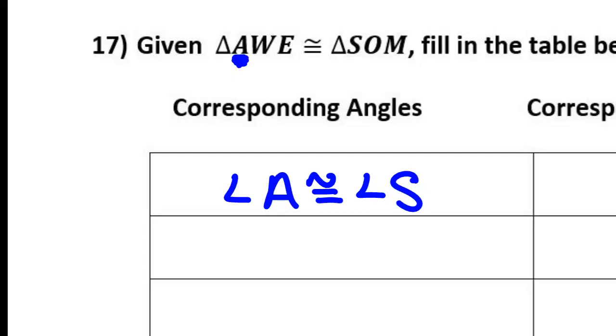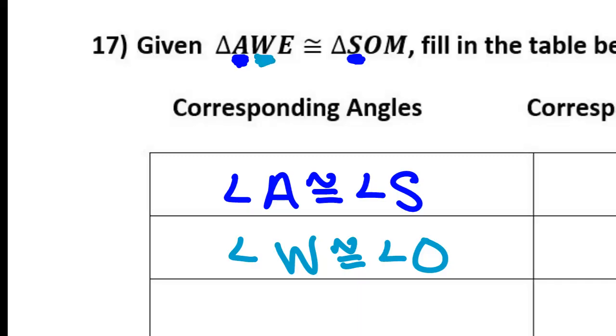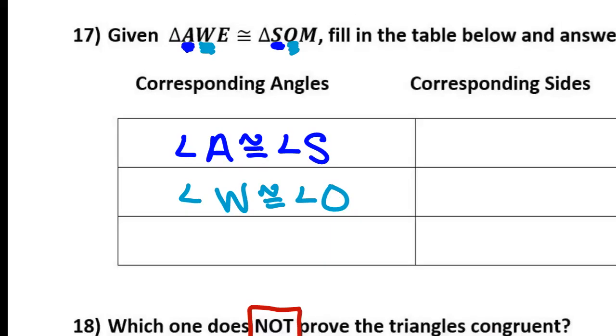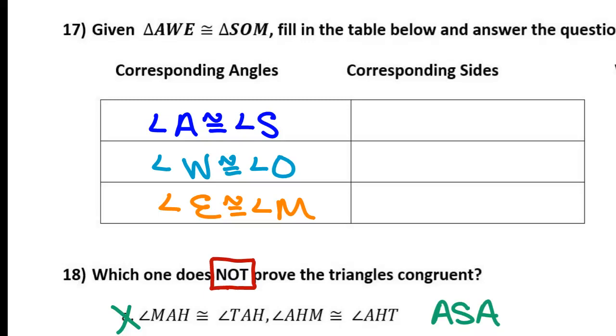Angle S, yes, first letter to first letter. And then W and O. Angle W is the second letter, angle O is the second letter. And finally, E and M. Angle E congruent to angle M. Perfect. So that's my corresponding angles. First one to first one, middle one to middle one, third one to third one.